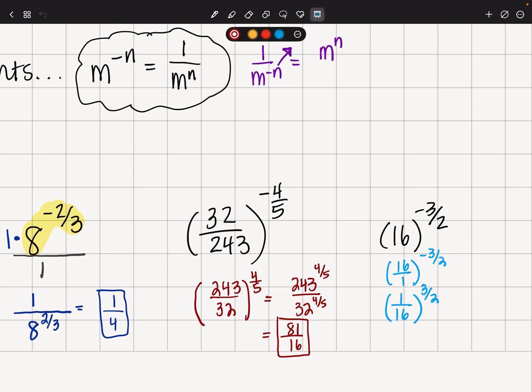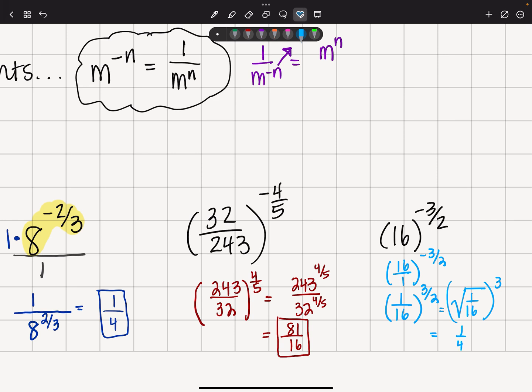And the square root of 1/16 is 1/4. 1/4 to the 3rd power, I'll show you. That's going to be the square root of 1/16 cubed. And the square root of 1/16 is 1/4 cubed, and that's 1 over 64.